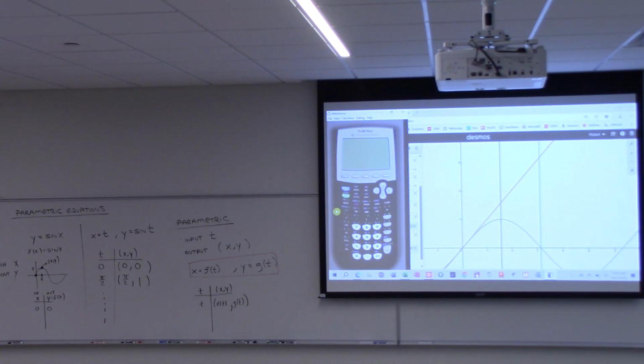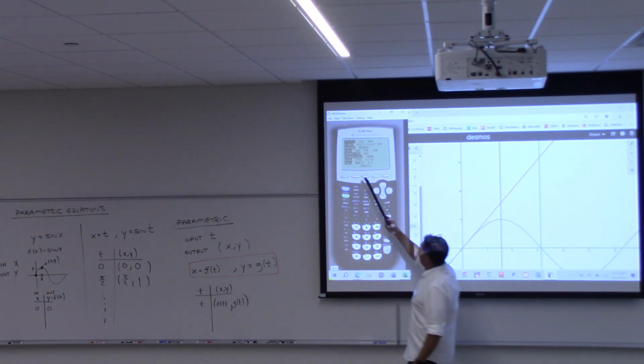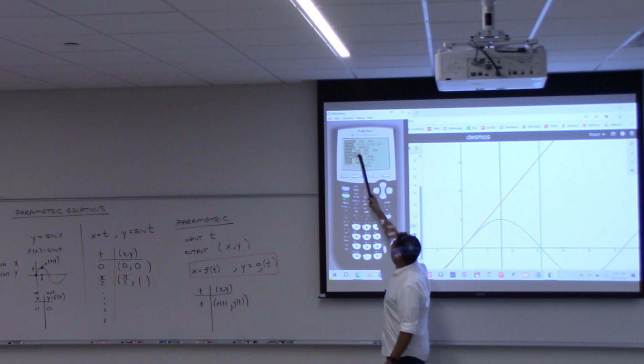On my calculator, I have to turn it on. There it is. To make this work, I have to go to mode. When you go to mode, there's this thing that says func par pol seq.